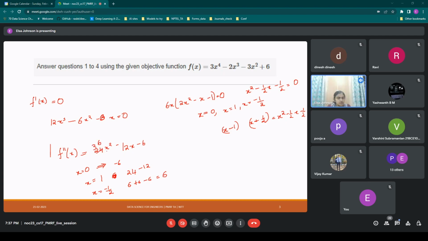That is 24x square minus 12x minus 6. It will be minus 6 for x equal to 0, and here it will be 36 minus 12 minus 6 equal to 18.